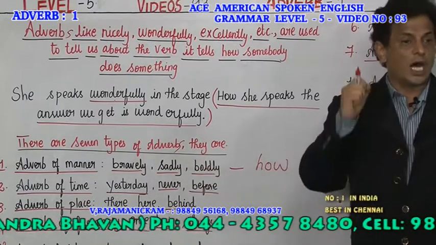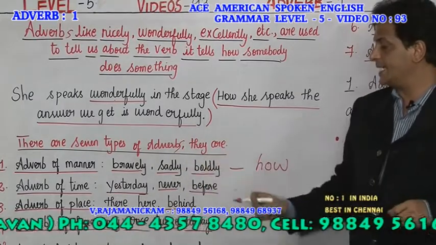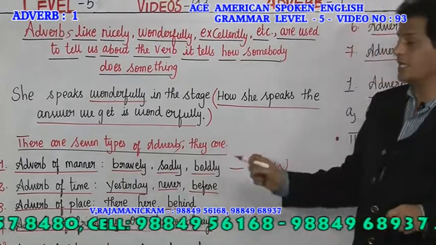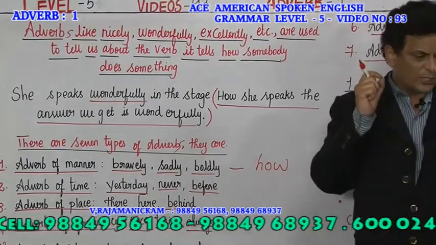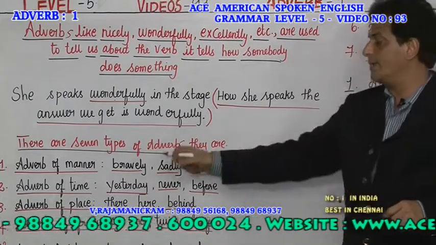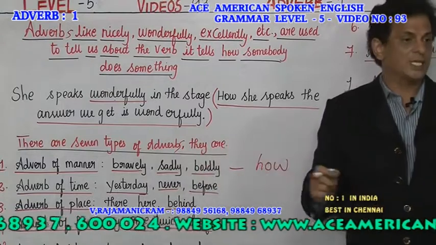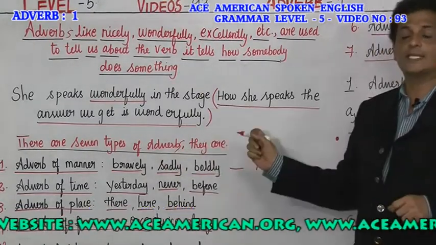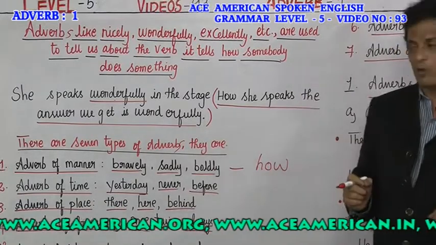She looks. How does she look? Sadly. She speaks. How does she speak? She speaks boldly. The answers are bravely, sadly, boldly. So adjective plus ly is called adverb of manner.